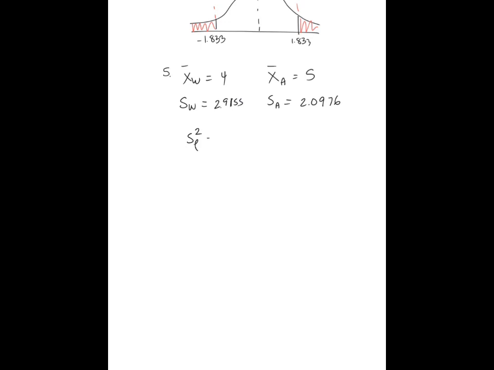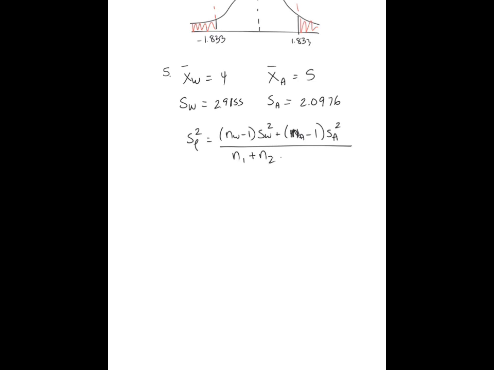Now we need our pooled variance, and remember, it's n Wells minus 1 times the standard deviation of Wells squared, plus n Atkins minus 1 times the standard deviation of Atkins squared, which is basically the variance.